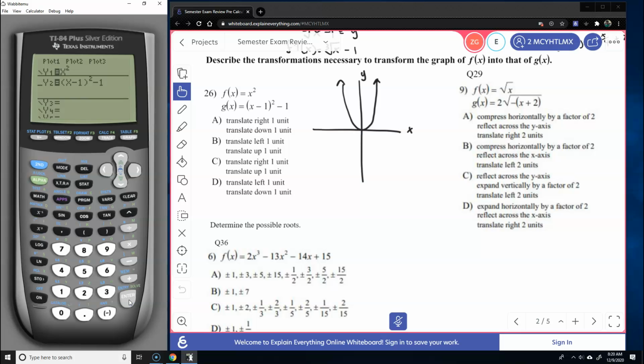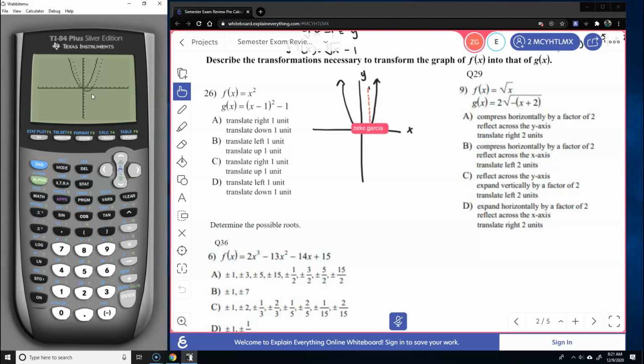Maybe I like this one better, the one that's dotted, maybe you can see it better. So I'm going to go ahead and graph it. And then you can see that the transformation goes to the right. Did I say left? If I said left, I made that mistake. It goes to the right, and it goes down 1.